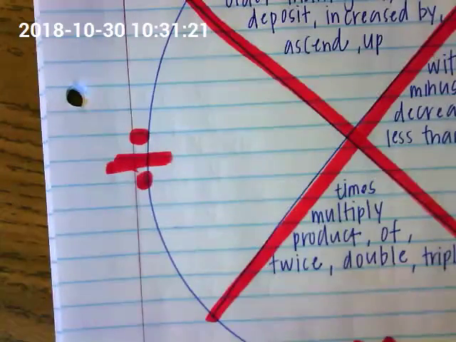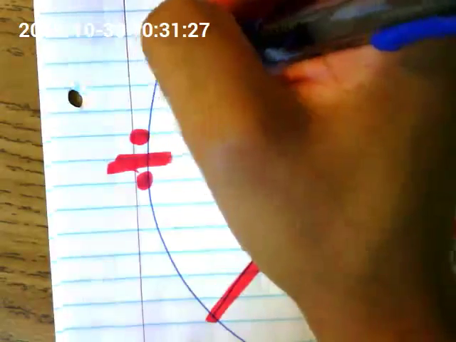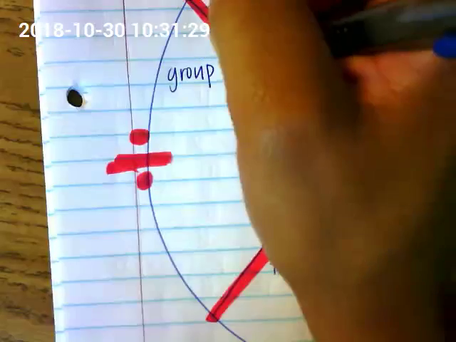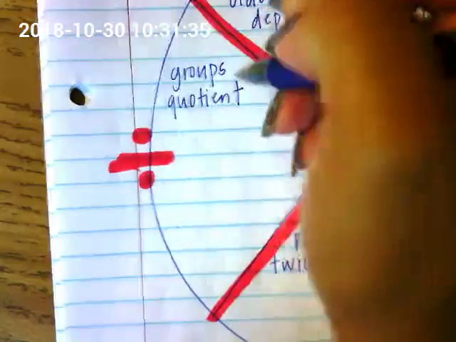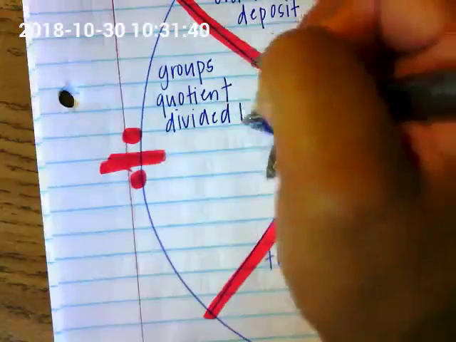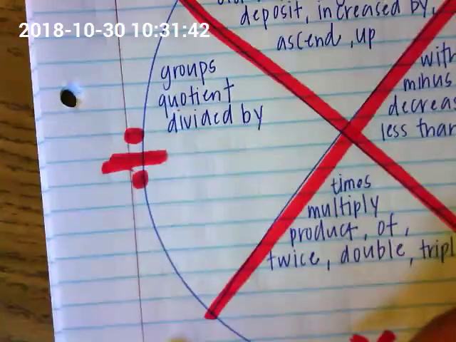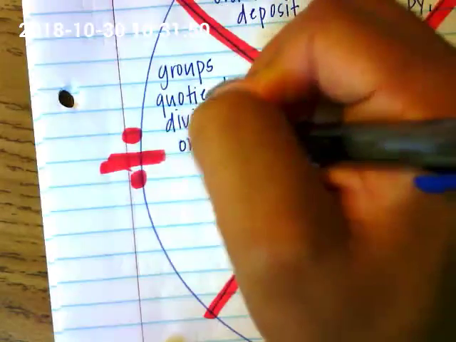What about division? Group. Quotient. Divided by. What about like 1/3?